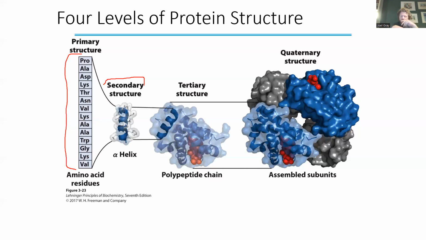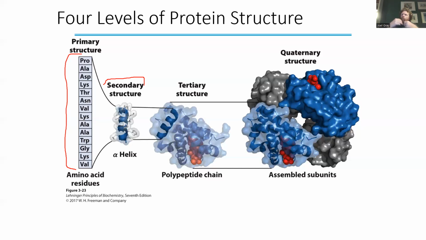Now, your secondary structure is going to be stabilized, and this is a hierarchy. So if the primary structure is stabilized by covalent bonds, then the secondary structure is building off of the primary structure.